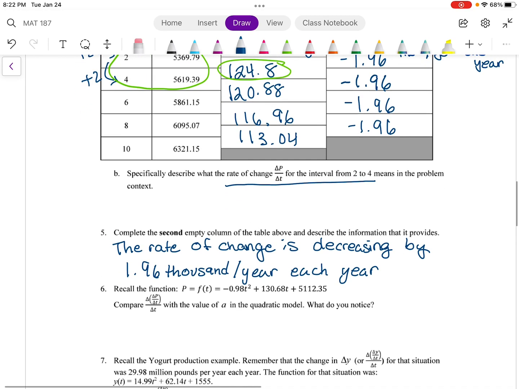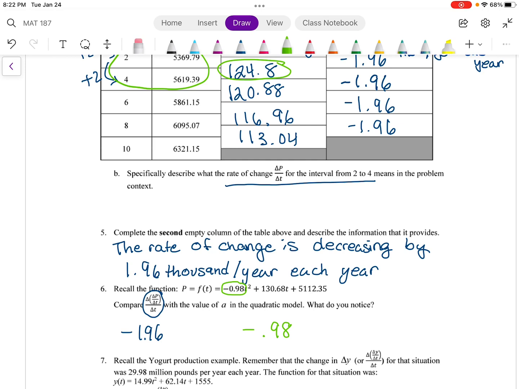Now, let's make that final conclusion, because we want to compare what we found, that value we found in that far column, that negative 1.96, with the A value here, negative 0.98. And you might be going, I don't see any connection. You know, but 8 times 2 is 16, and I have a 6 here.